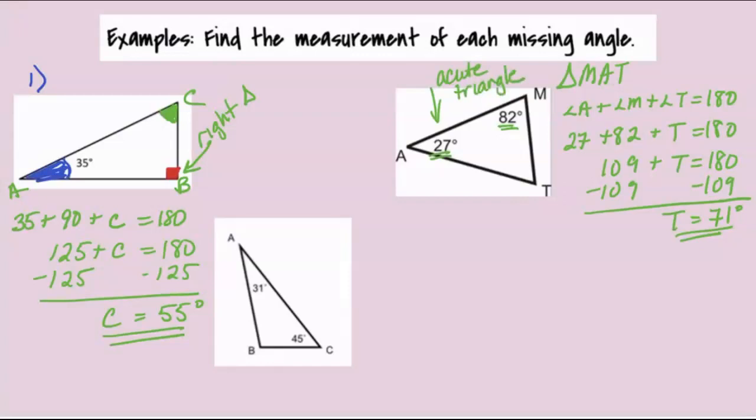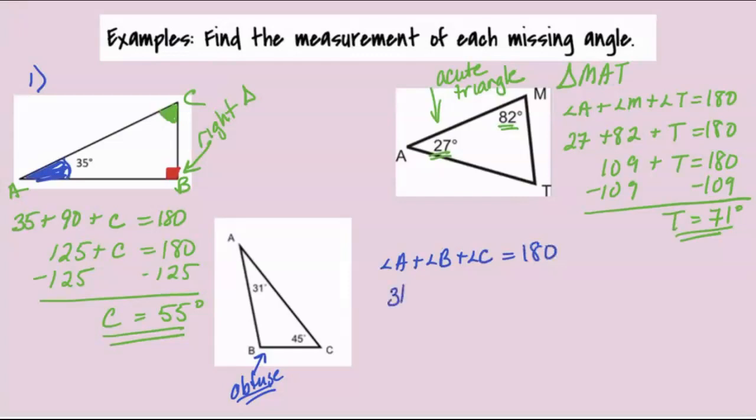And our last example down here, which I will do in blue, we have an obtuse triangle because this is an obtuse angle. And so we will say that angle A plus angle B plus angle C is equal to 180.